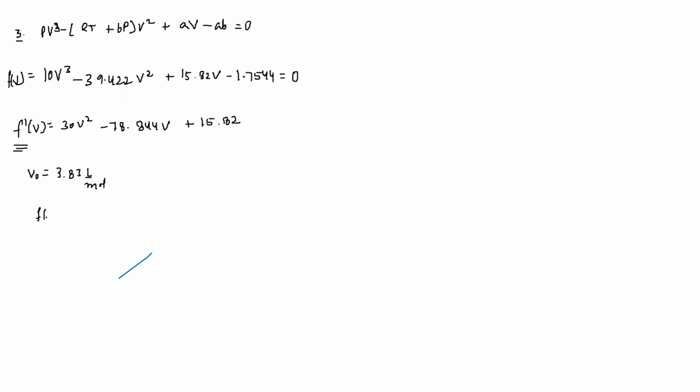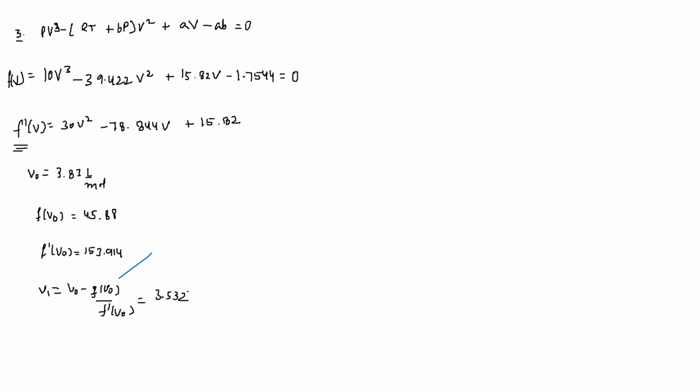So f of v naught is 45.88. F dash of v naught is 153.914. Okay. Then we'll get v1, which is v naught minus f v naught upon f dash v naught. So that v1 comes out to be 3.532.